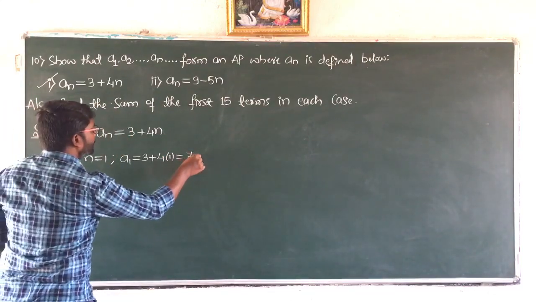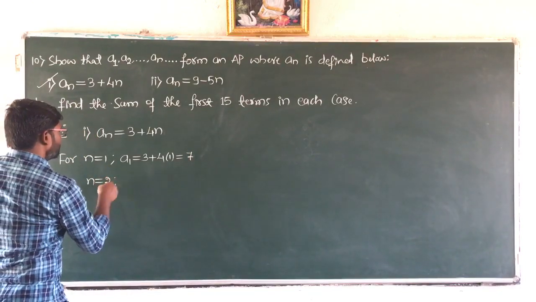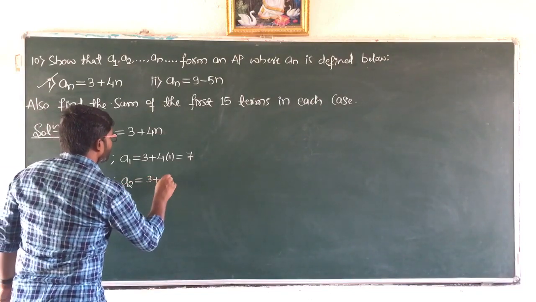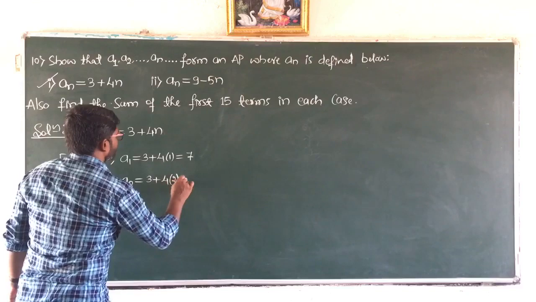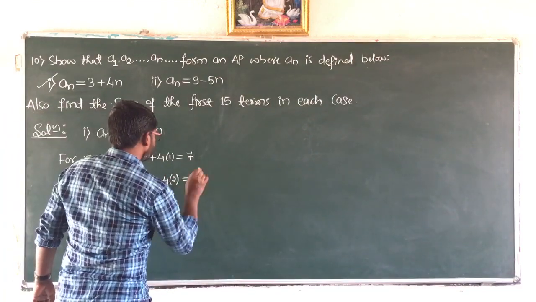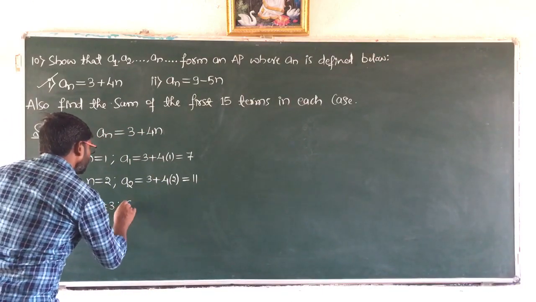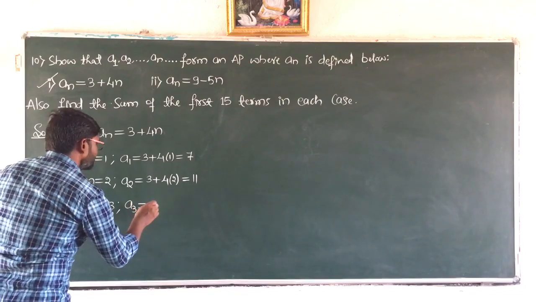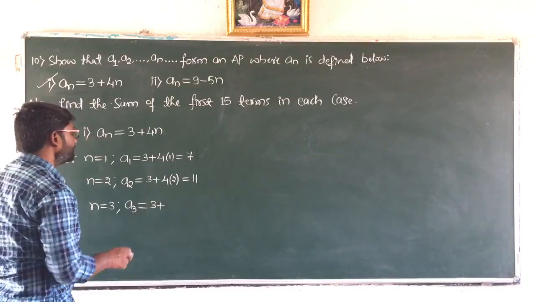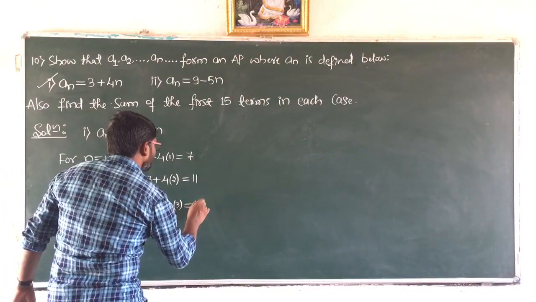Now for n equal to 2, we get a2 which is equal to 3 plus 4 into 2. So 4 into 2 is 8 plus 3 will give us 11. Then n equal to 3, a3 is equal to 3 plus 4 into 3. 4 into 3 is going to be 15.